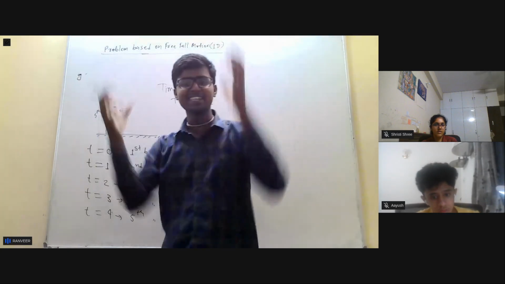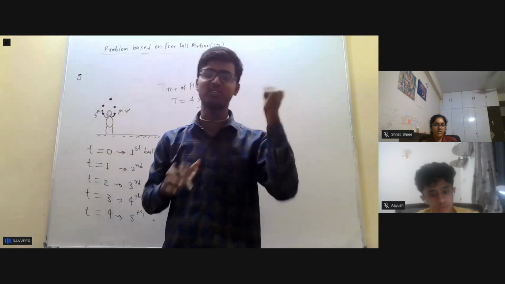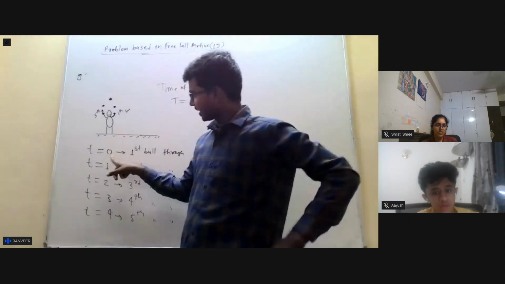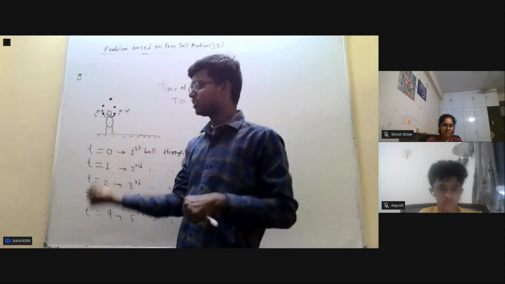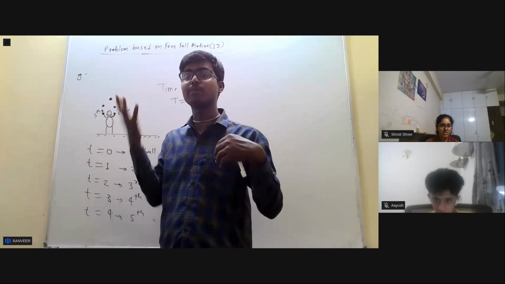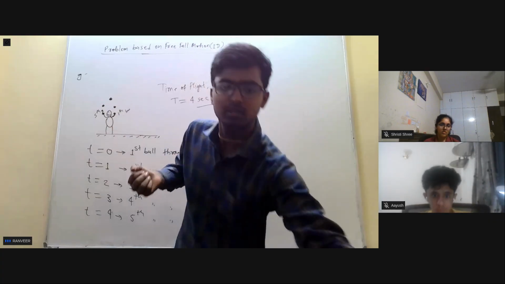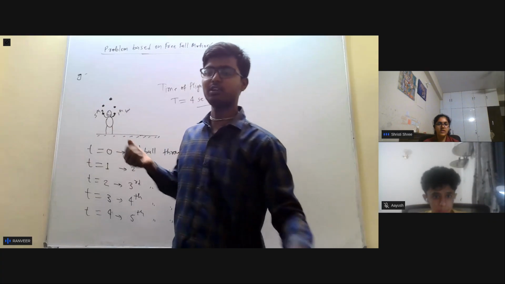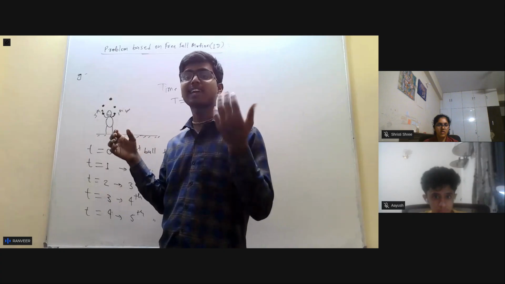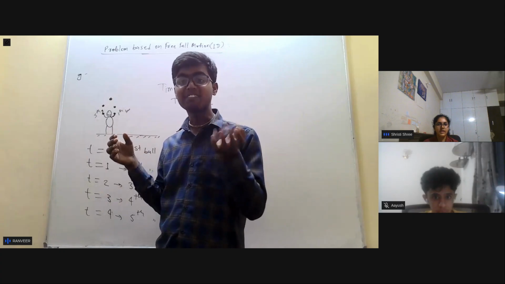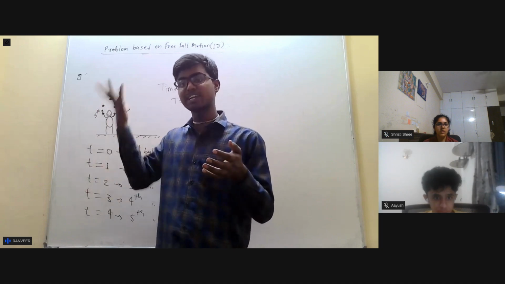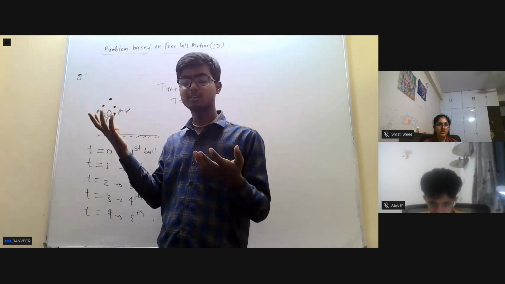For 1 second, he is transferring from this hand to this hand only. Listen again. At t equal to 0, I throw the first ball. When I throw the first ball, where is the second ball? In my other, left hand. Now I'll take the second ball and throw. When I'm throwing the second ball, where is the third ball?